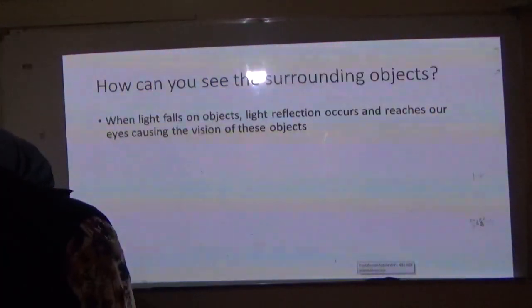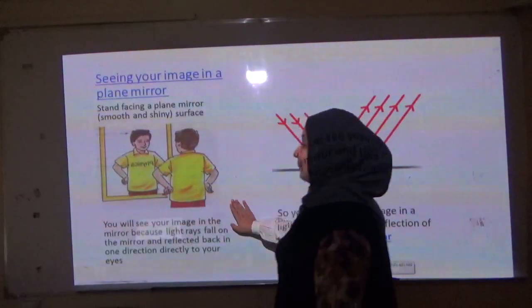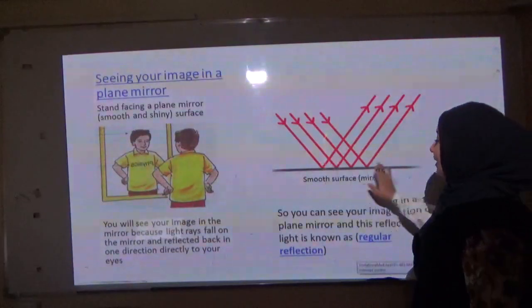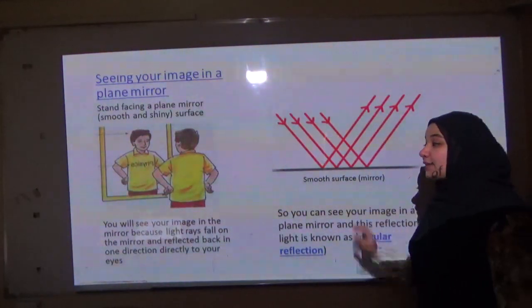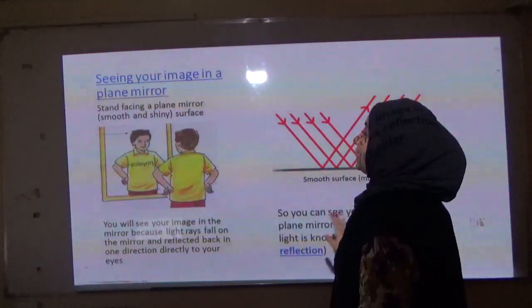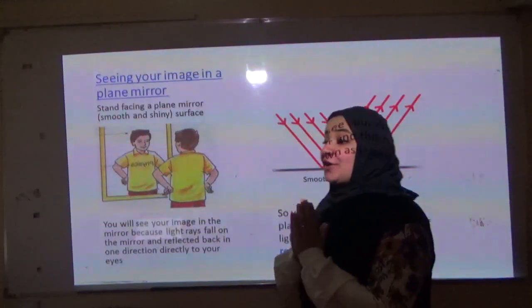Seeing yourself in a plain mirror. The mirror is a smooth and shiny surface. Now, this is an example of light reflection.